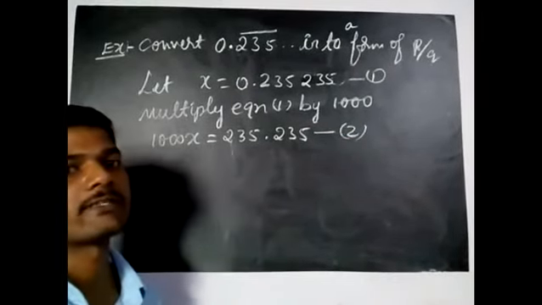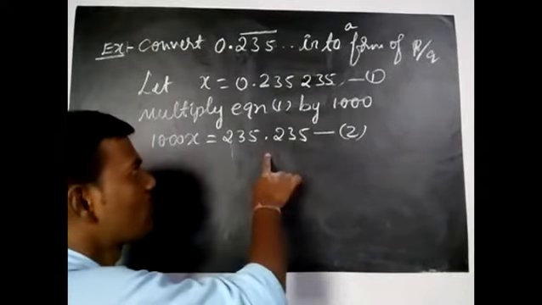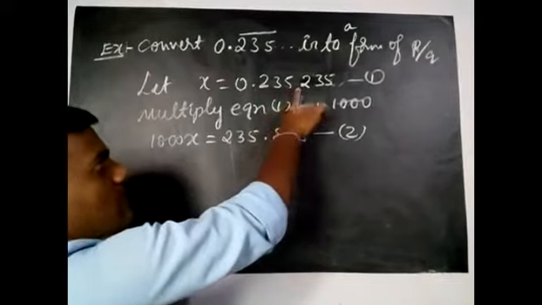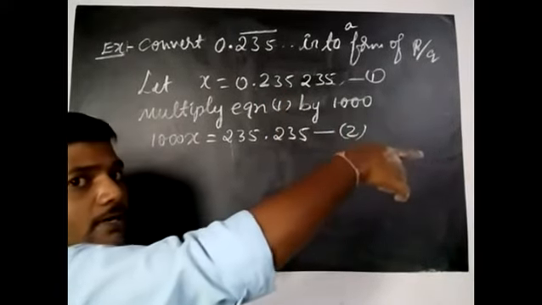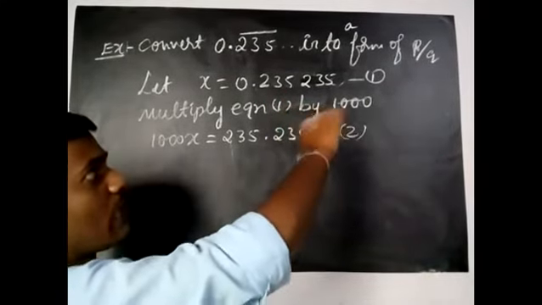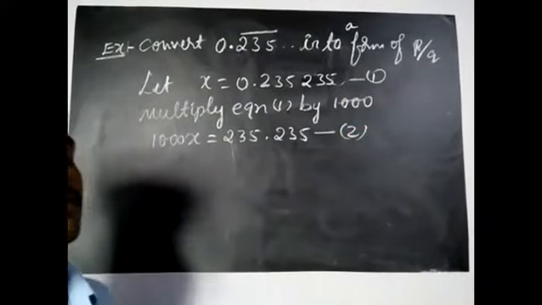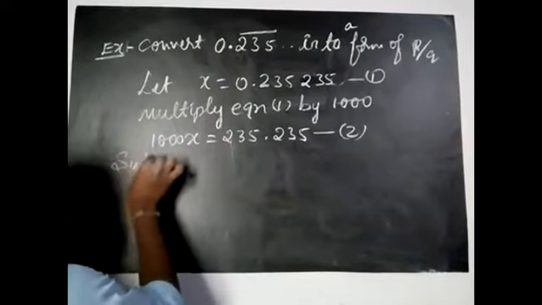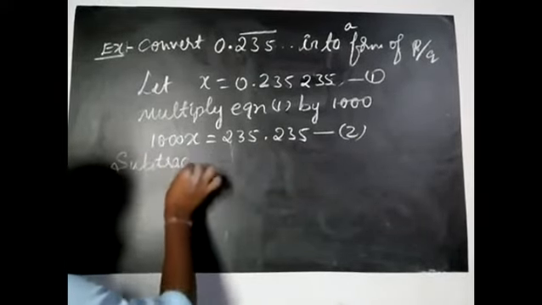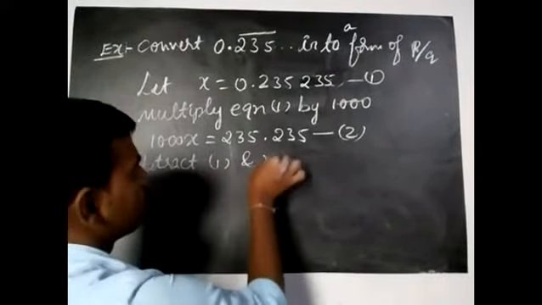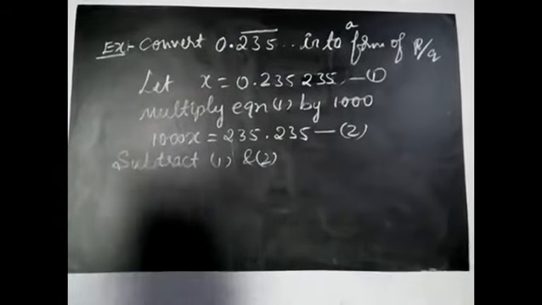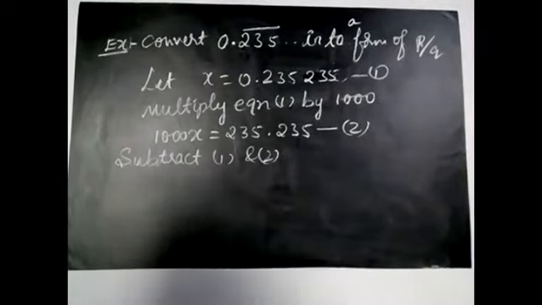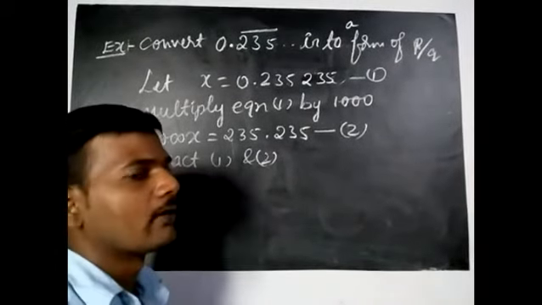Because the repeating digits are repeated, no? So that's why we have taken here 235.235. The point is moved to this point, and after that the digits are also there. So that's why we have taken 235.235 here. Now subtract equation 1 from 2.